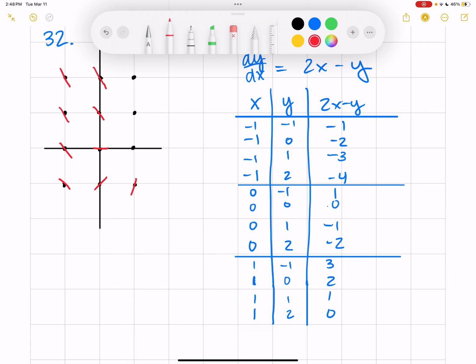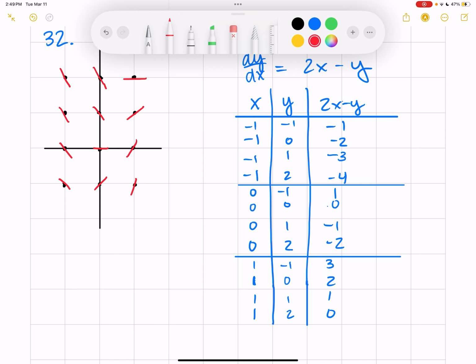At 1, 0, I'm at 2. At 1, 1, I'm at 1. And at 1, 2, I am at 0. And you've successfully done a slope field.